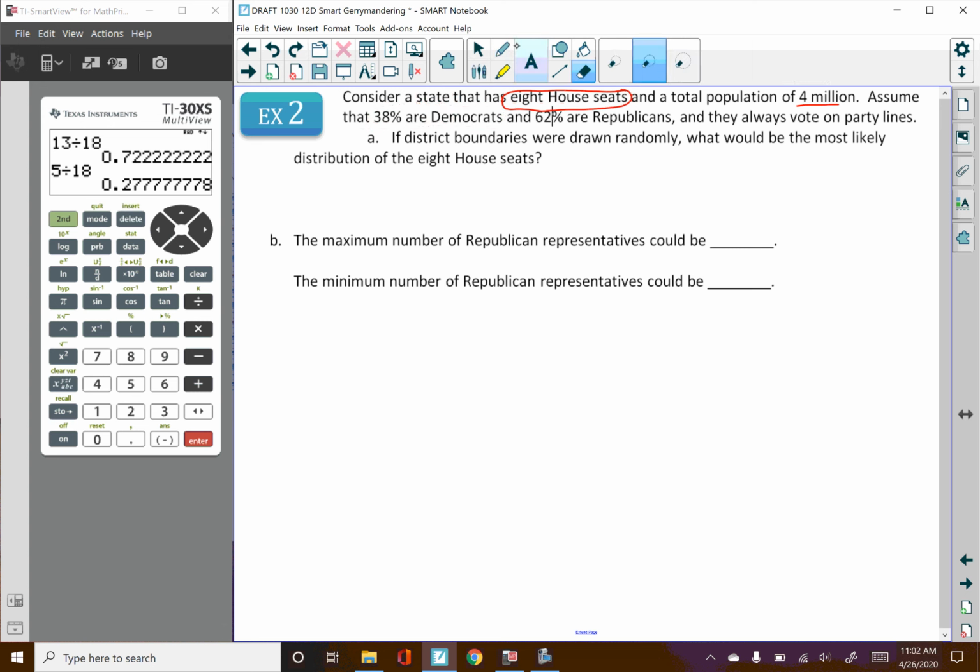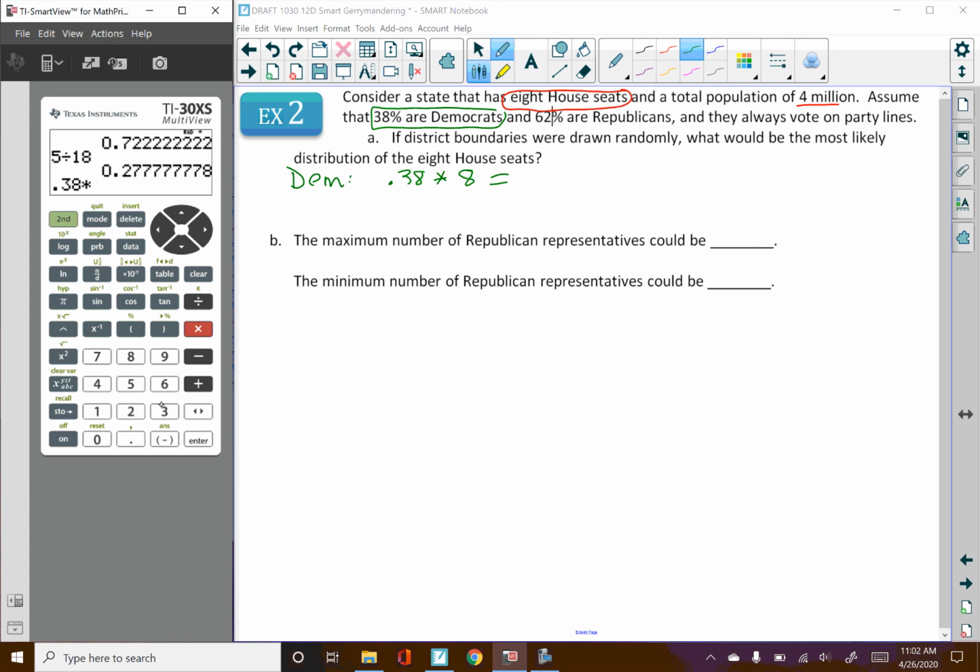So thinking about Democrats first, 38% are Democrats. So we take that 38% and we multiply it by the 8 House seats, and that gives us a total of 38% of 8 would be 3 seats. And we're just rounding to the nearest whole number here.